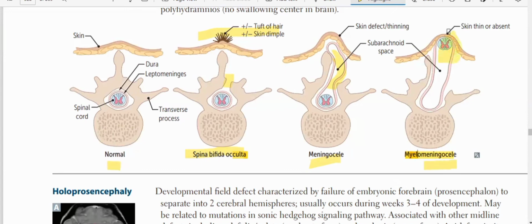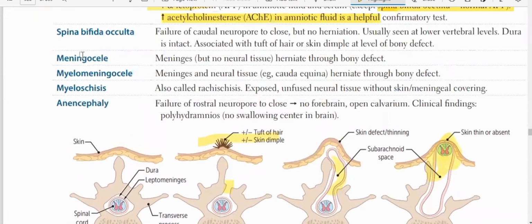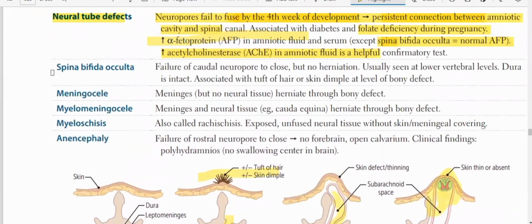This is called myelomeningocele. Both the subarachnoid space and the spinal cord are involved. The most important are spina bifida occulta, meningocele, myelomeningocele, myeloschisis, and anencephaly. Anencephaly is the absence of closure of the neuropores, no forebrain.